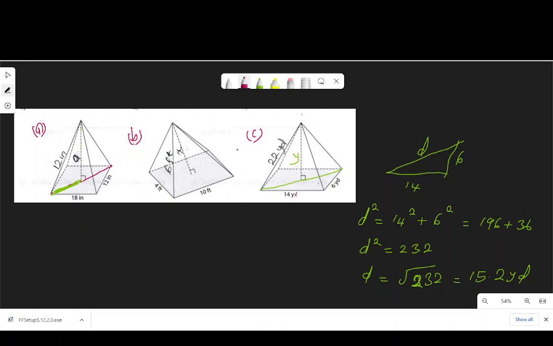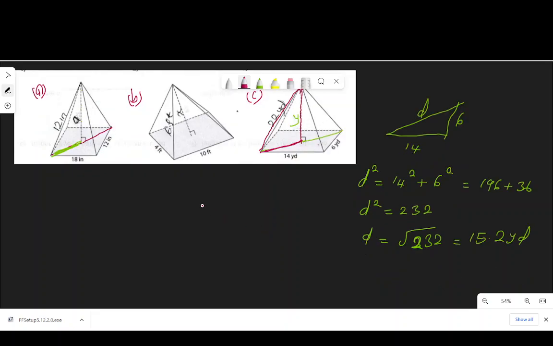With that information, we can get the vertical height of the pyramid. To do that, I'm going to consider this triangle right here, this dotted line, and this slant height, which is given as 22.